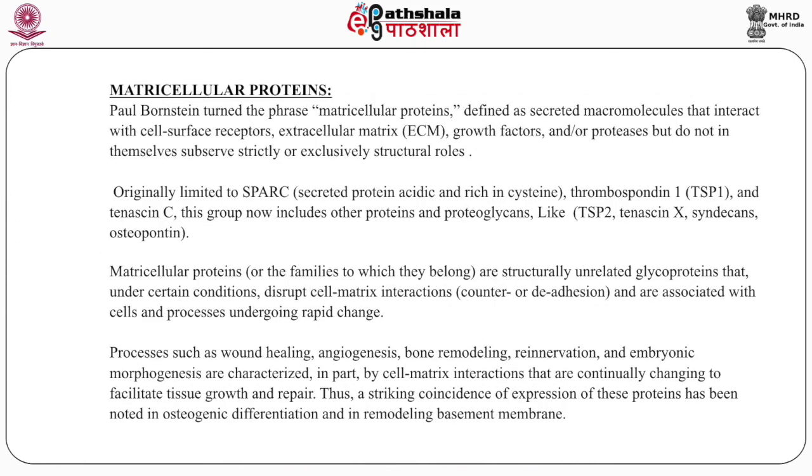Now, apart from integrins, there is another group of proteins discovered called the matricellular proteins. Paul Bornstein coined the phrase matricellular proteins, defined as secreted macromolecules that interact with cell surface receptors, extracellular matrix, growth factors, and/or proteases, but do not in themselves subserve a strictly or exclusively structural role.